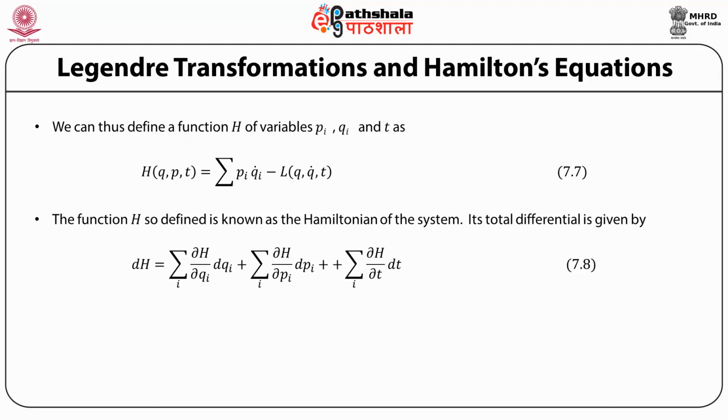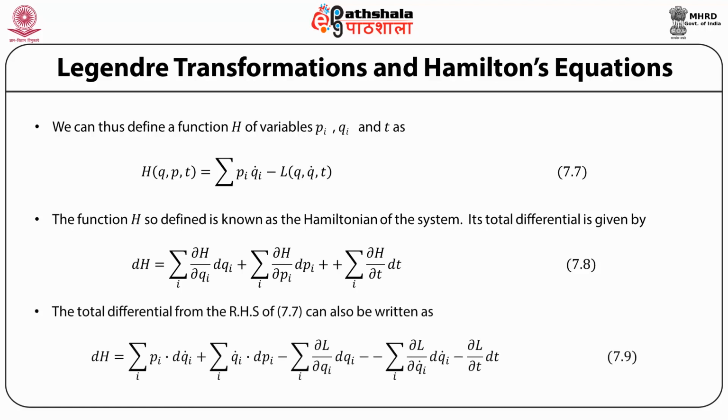Therefore, the total differential of this function h, dh, by the chain rule is given by sigma over i of the partial derivative of h with respect to q_i into dq_i, plus dh by dp_i into dp_i, plus the partial derivative of h with respect to time into dt.